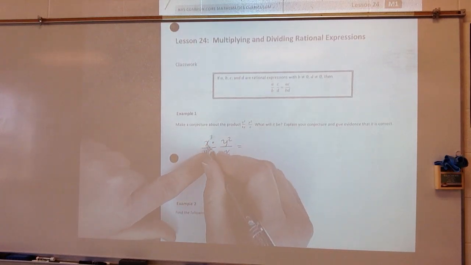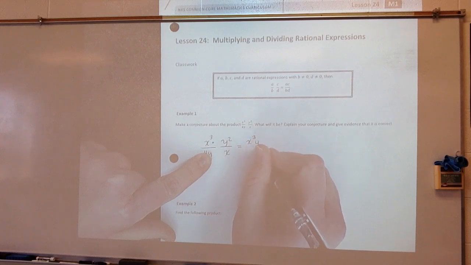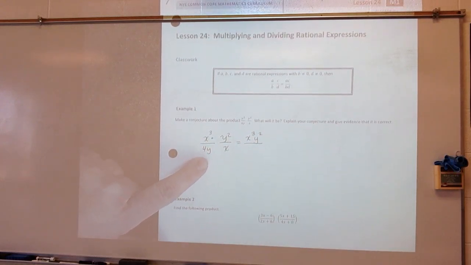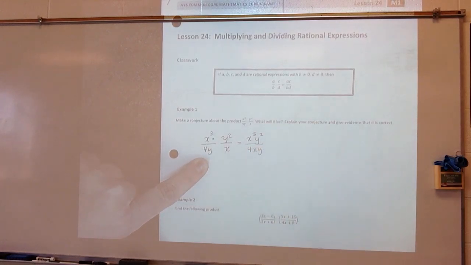So x cubed times y squared is x cubed y squared. And 4y times x is 4xy, or 4yx. It doesn't matter which order you put those in. Now we're going to identify the greatest common factor of the numerator and the denominator because we need to simplify it.